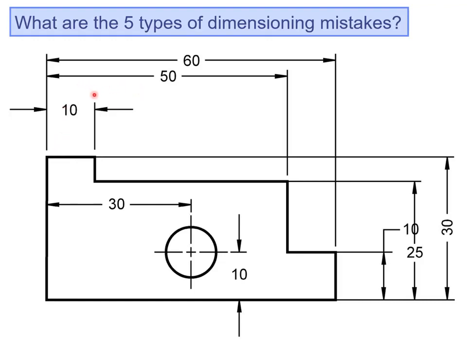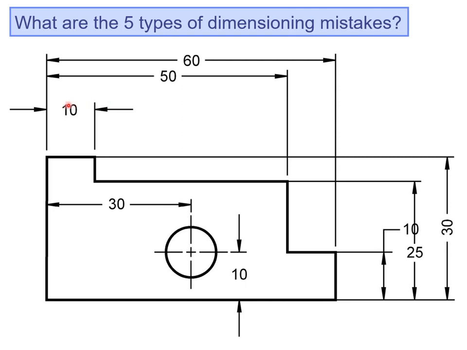Now we have a space here, but here it's tight. The rule is, once you place your first dimension, from there on, you put 1 text height between the first dimension and the next dimension, and so on. That spacing is 1 text height, which is again 0.16 or 0.18 inches.